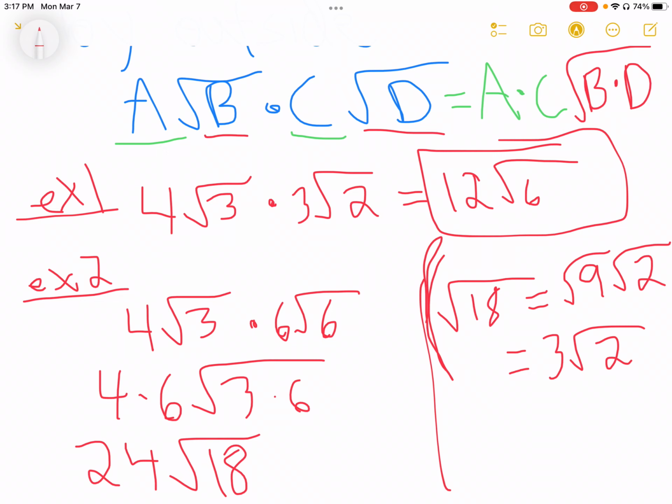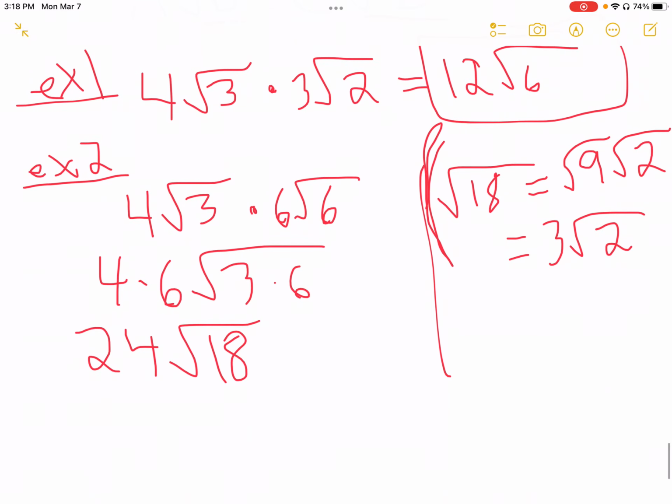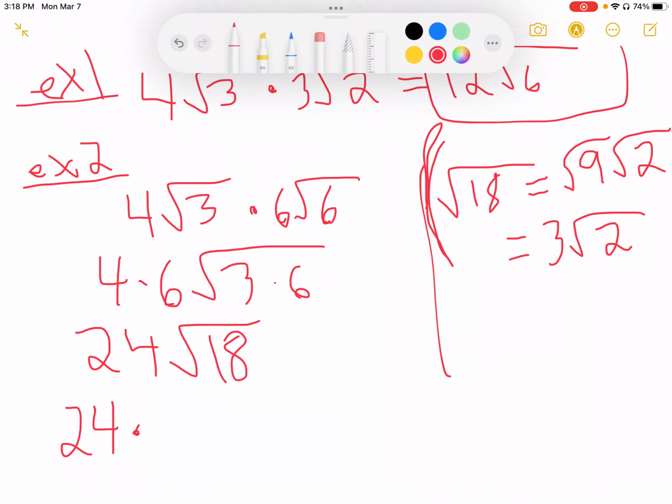Okay, so let's go one step further. Now I can rewrite the equation on the left side. I'll write it as 24, and I'm going to draw it in green just so you can see the difference here.